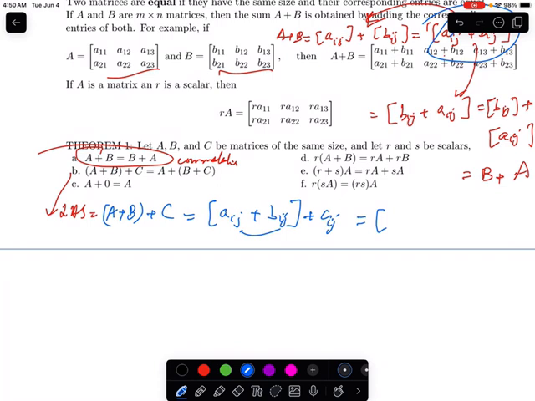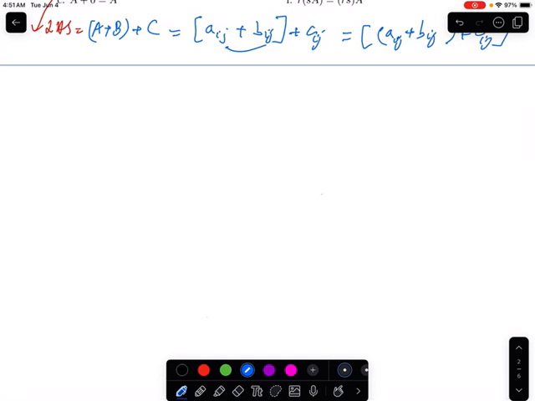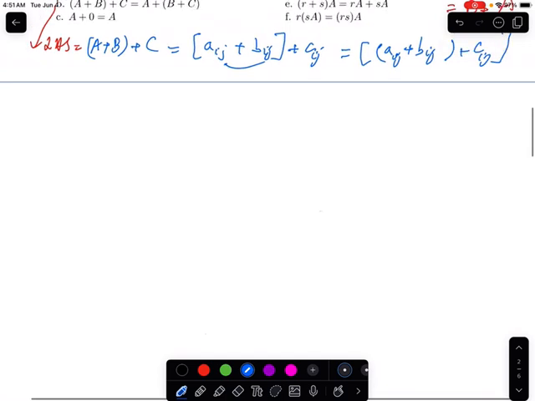So Aij plus Bij plus Cij. Now, using again the property of numbers inside here, because all these are numbers. Now for the matrices we didn't know as yet, but now because we are dealing with numbers here, we can use the properties of numbers.